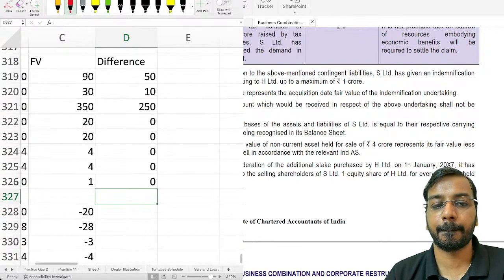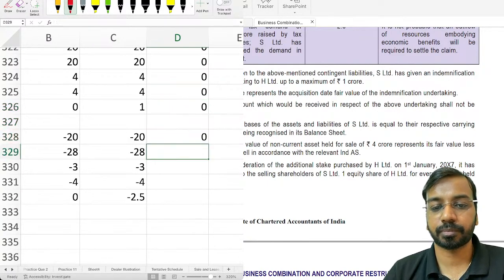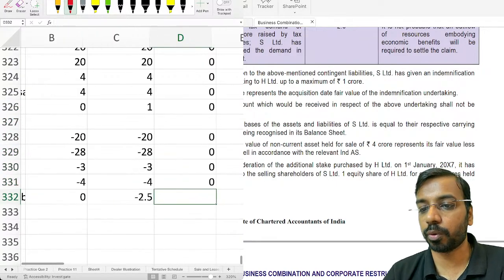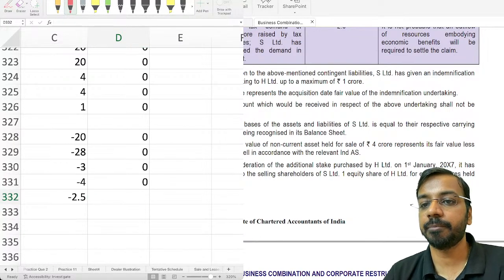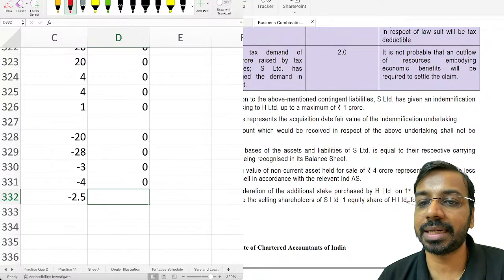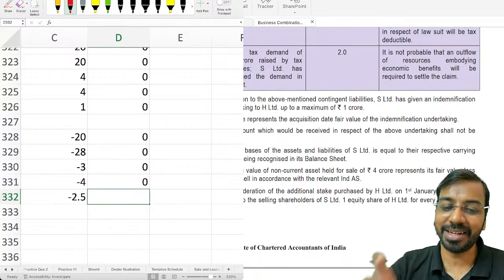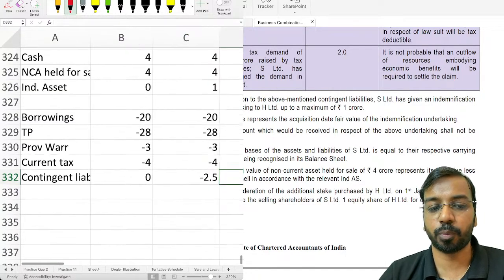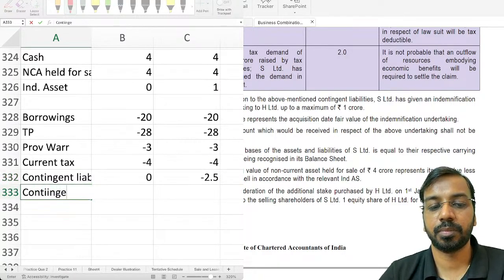Okay, then borrowings 0, this is also 0, this is also 0, this is also 0. Then we have a contingent liability of 2.5. Now here, please remember, one of the contingent liabilities is for an income tax demand. Income tax will not result in a deferred tax liability or deferred tax asset. So here we can split into two parts: contingent liabilities and contingent tax.